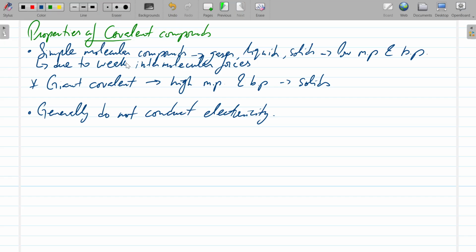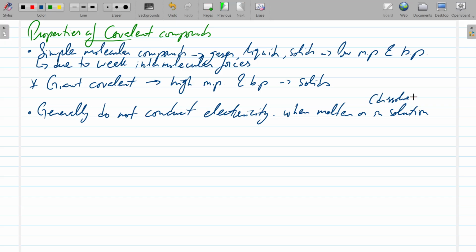You don't have free electrons, so you don't have anything like that to conduct the electricity. So they do not conduct electricity when molten or in solution, generally. In solution meaning dissolved in water.